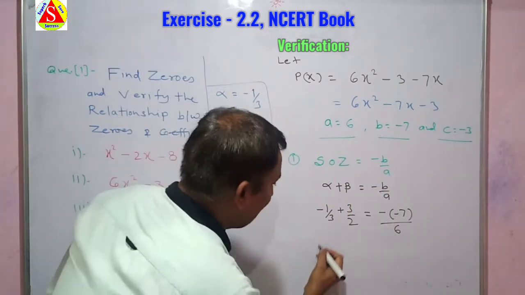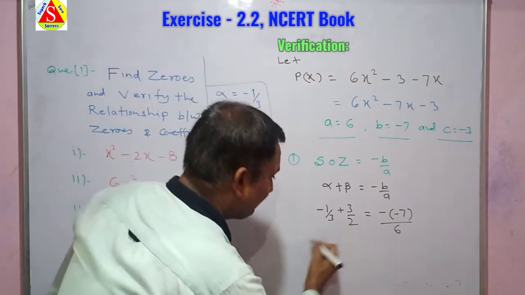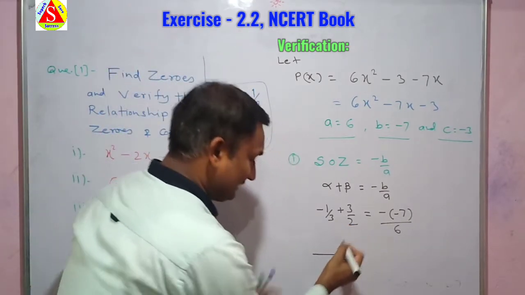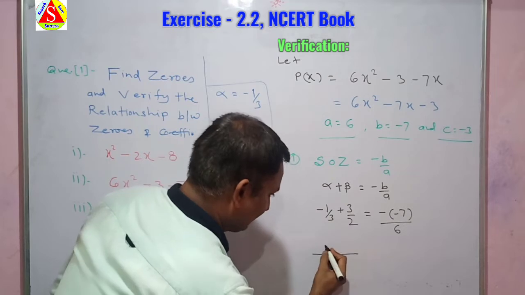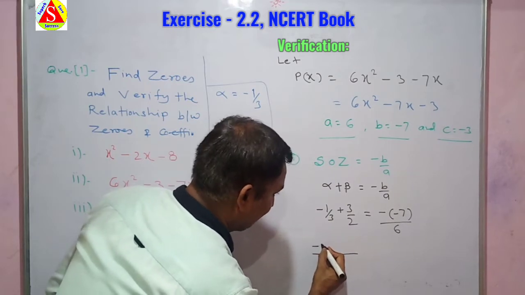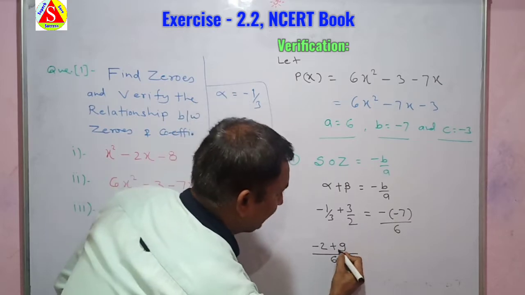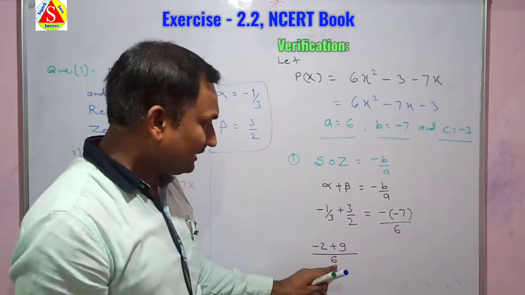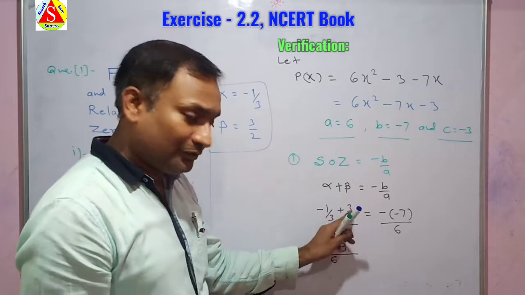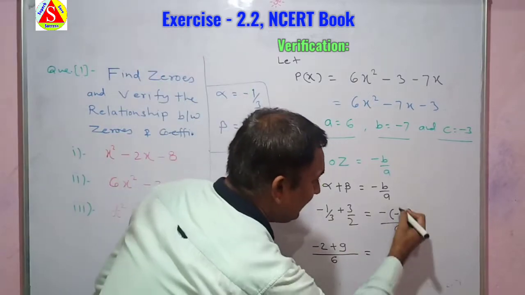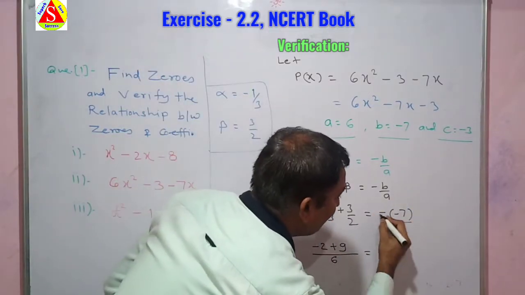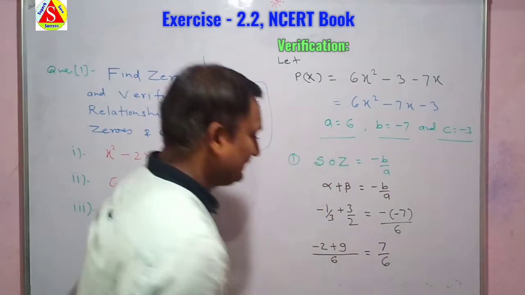So let's simplify this. Here we will take the LCM. The LCM of 3 and 2 is 6. So 3 twos are 6, so we will have minus 2 here, and 2 threes are 6, so we multiply by 3, so 3 into 3 we have 9 here. On the right side we have minus minus plus 7 by 6.